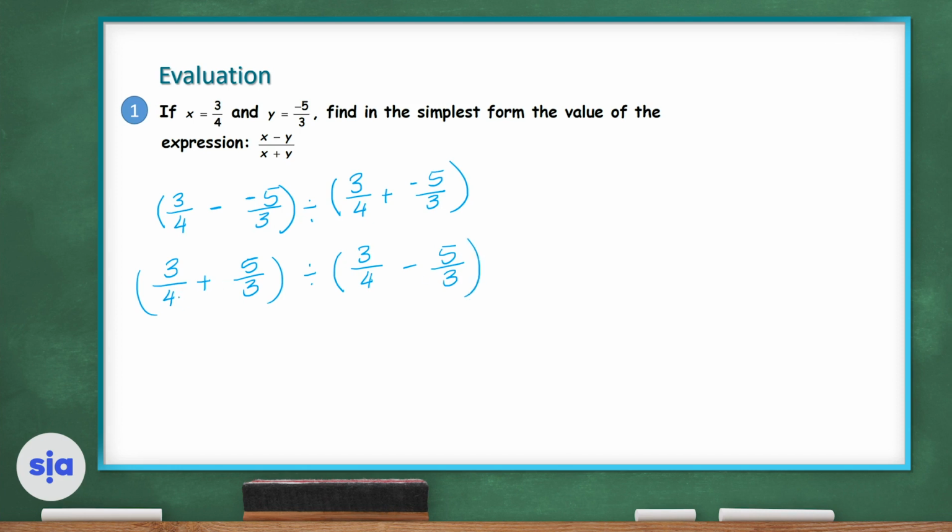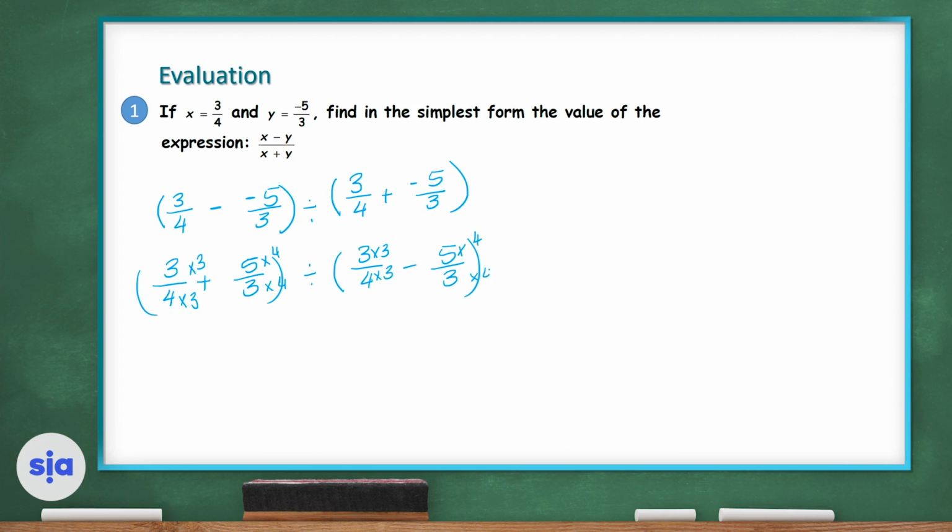In order to be able to subtract and add, you need to have the same denominator. So we'll multiply here up and down by 3, and here up and down by 4. And here the same thing. We multiply up and down by 3, and here up and down by 4.